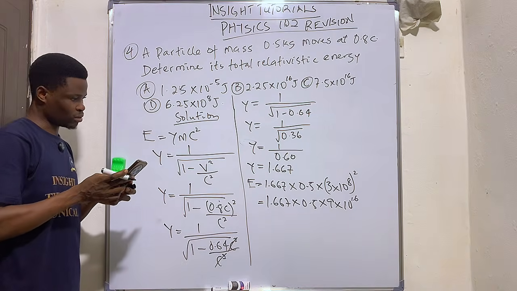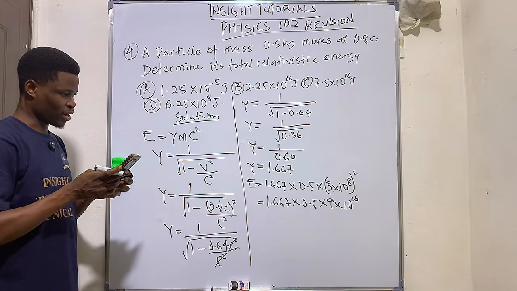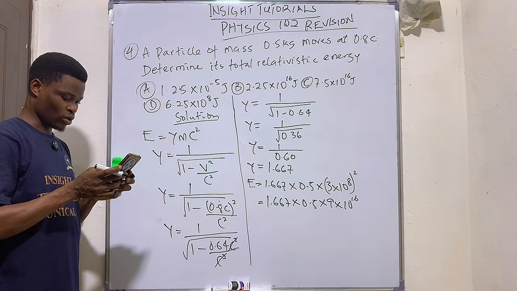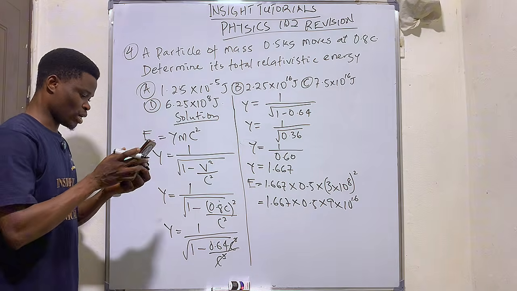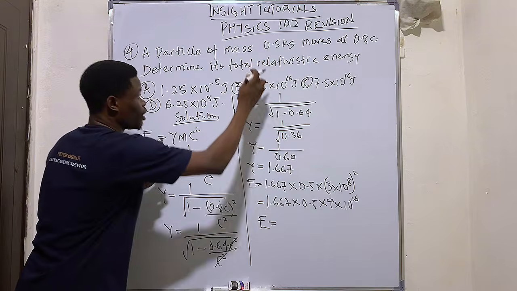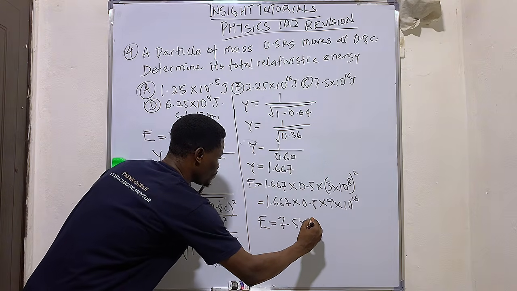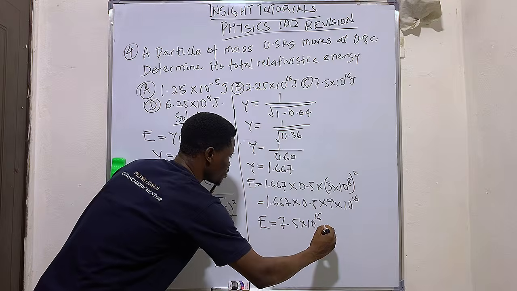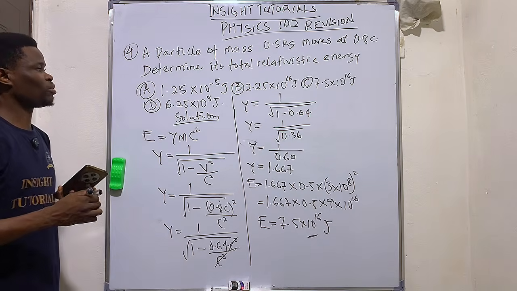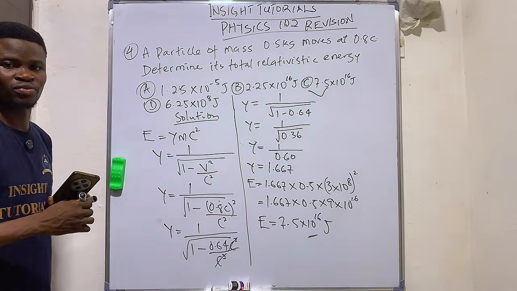And if we multiply 1.667 times 0.5 times 9 times 10 raised to the power of 16, we're going to have our total relativistic energy as 7.5 times 10 raised to the power of 16 joules. So it happens that option C is the correct answer to this question.